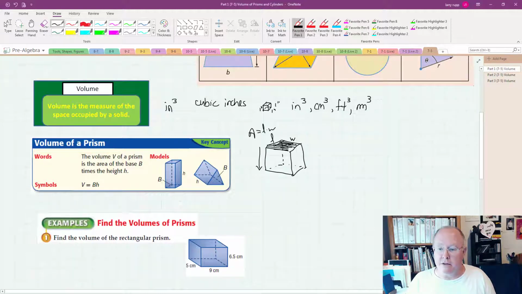The area of this piece right here is now called the base. I drew it on top because that makes it easier to see what I'm talking about. But the base is the base unit, the rectangle that we're talking about, and the area of that. And then we take that area and we extend it into the 3rd dimension, and we call that the height. So you take the area and you multiply it by the height, and that gives you the volume. And that's why over here you have volume is equal to capital B times H.